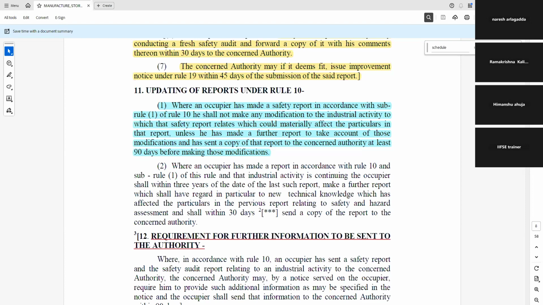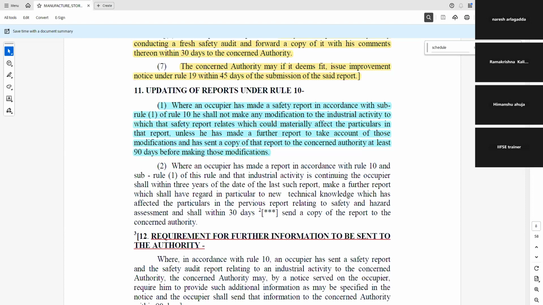Okay. So when I talk about the modifications or updates of this report, it is simple that based on your operations, you would have prepared a report. That report contains the technologies, processes, descriptions, procedures, and safety controls which you are following in your factory.